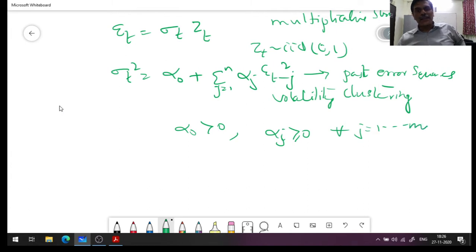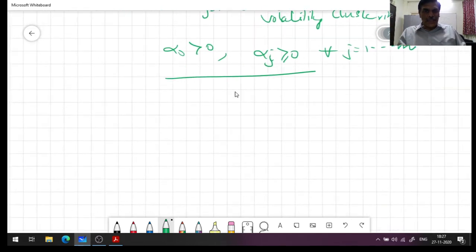m. This condition is of course further stringent if you talk about the moments of this. We have actually derived the fourth moment of epsilon t just to see the kurtosis under normality. Under zt is normal, we have derived the kurtosis of this. That's not difficult, because for the standard normal, the fourth moment is 3 sigma raised to 4, with sigma is 1 in this case.